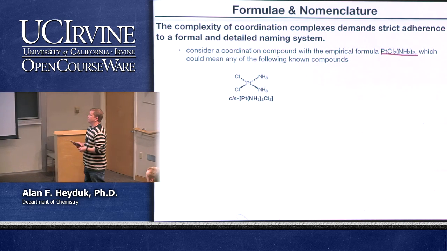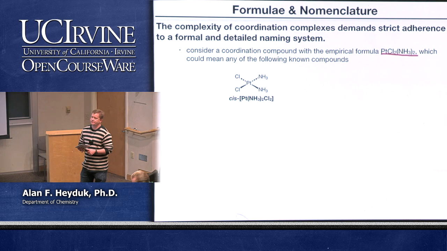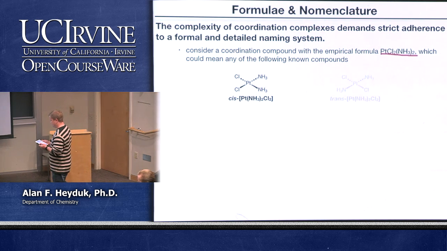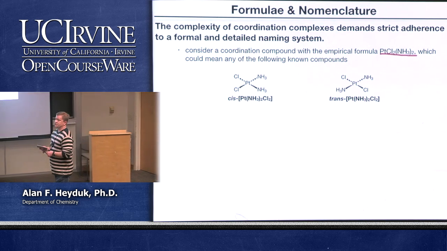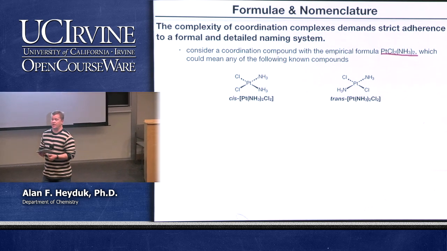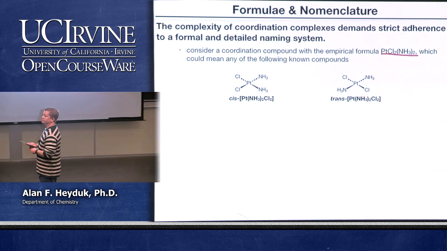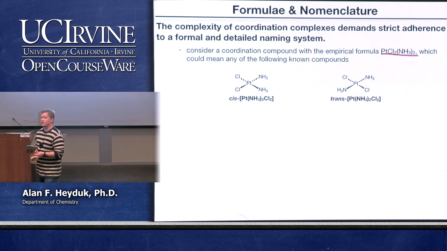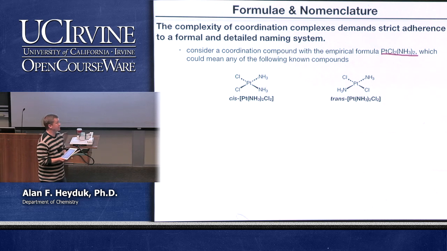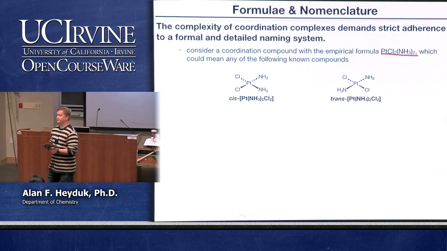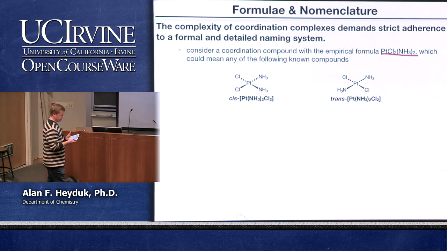But the truth of the matter is, it can mean several things. If you're just given that formula, well, it could mean cisplatin, the cancer drug. It could also mean transplatin. This platinum complex is square planar, so there are 2 different isomers. One with the chlorides cis to each other, related by 90 degrees, the other with them related by 180 degrees. Transplatin, not a cancer drug. Just gives you heavy metal poisoning.